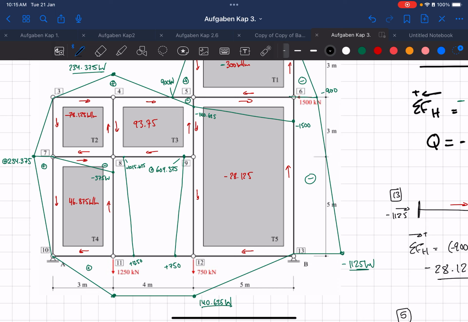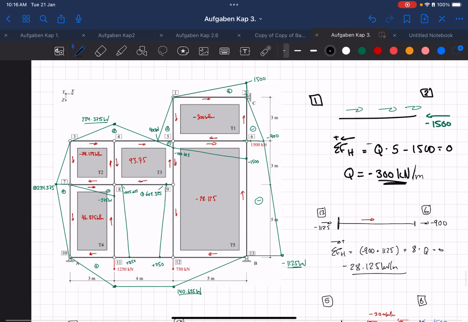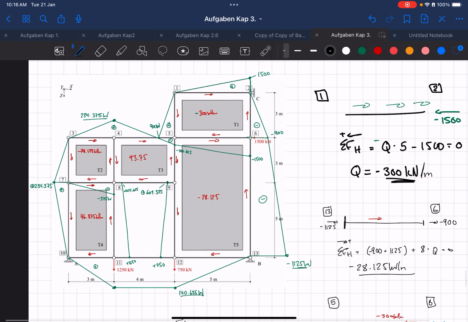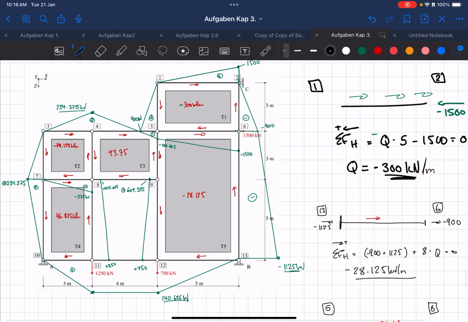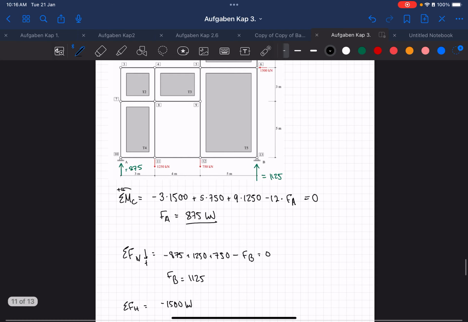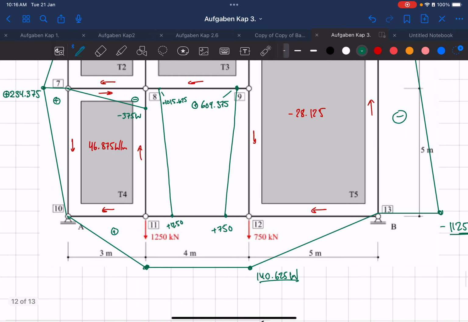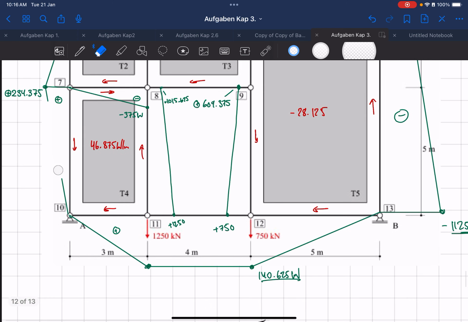I think I found the mistake. Oof. But that means everything else is wrong. I have no AZ here. I have 875 here that are missing. So let me just draw those. So this would be wrong. Good thing I checked that.